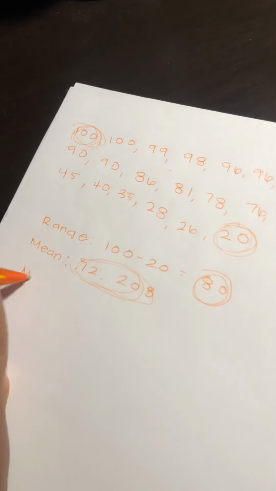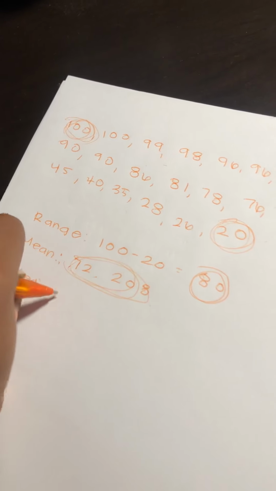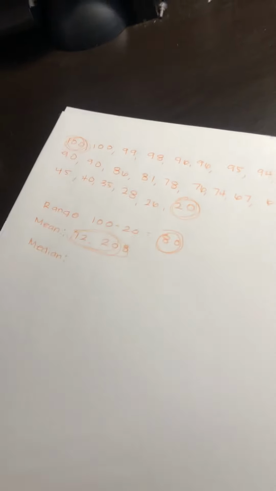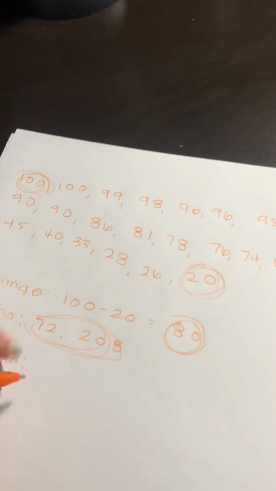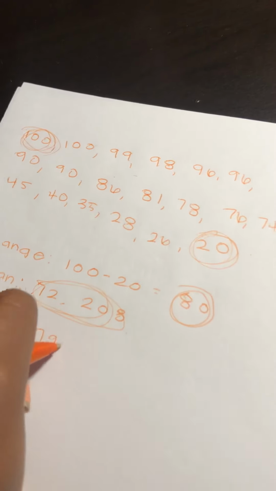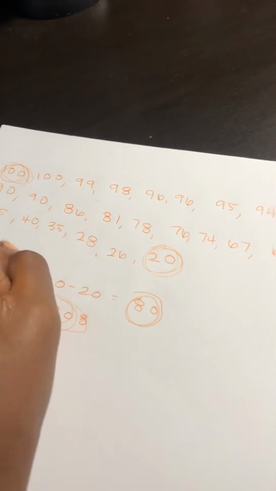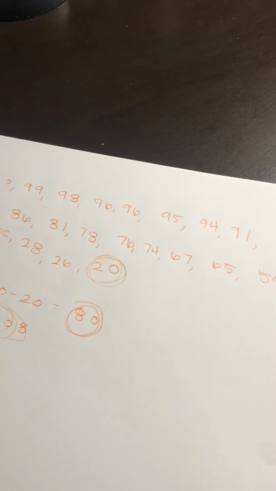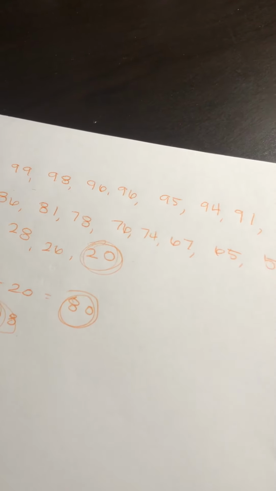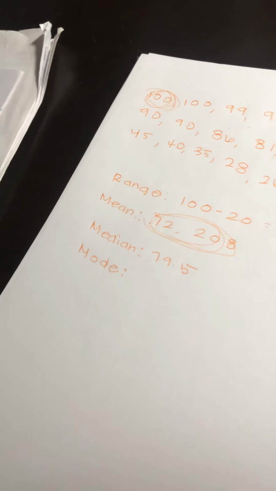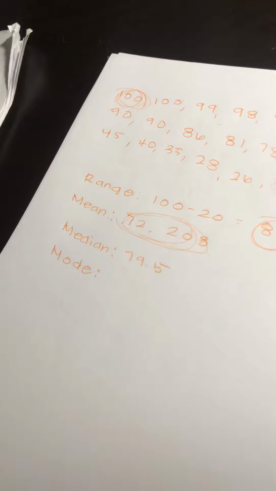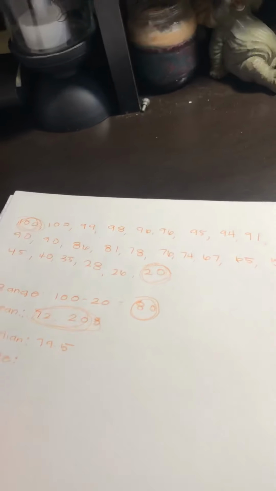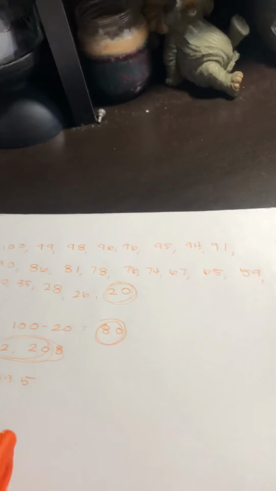Then I calculated the median, and you get the median by finding the middle number, which was 79.5. Next, I've calculated the mode. Now, there are 3 values that are on here twice.